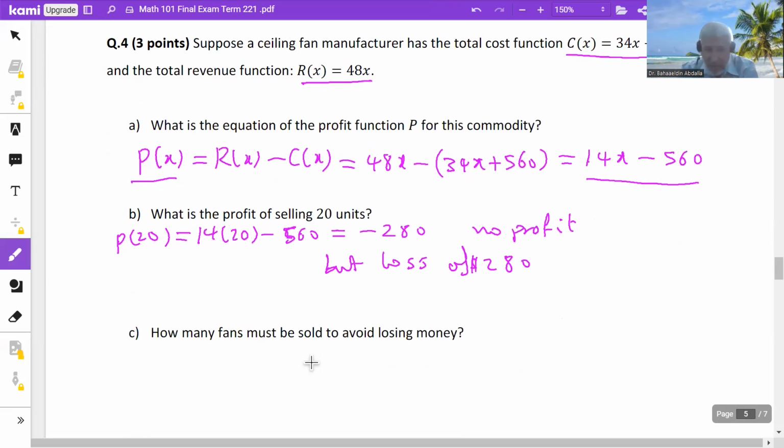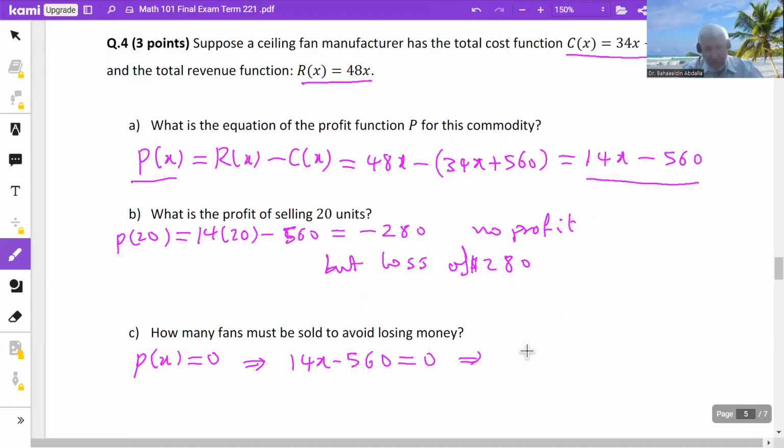So here comes the other question: how many fans must be sold then to avoid losing money? Because you are losing money here if you are selling 20. So this means the break-even point, where R of x equals C of x, in fact, the profit will be 0. So you can just put the profit at 0. This means that 14x minus 560 is 0.